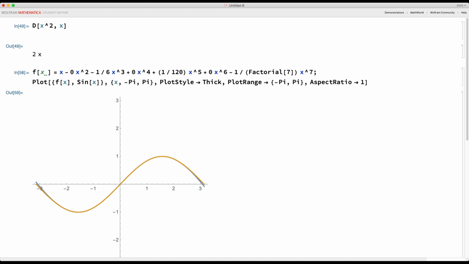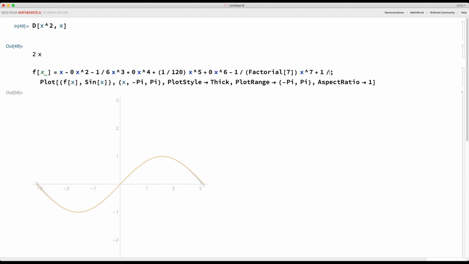And because we know what the pattern is, what should be the next term? The next non-zero term, I should say. What would the next one be? 1 over factorial of 9, x to the 9th. And this one's going to be plus because the previous one was minus, right?